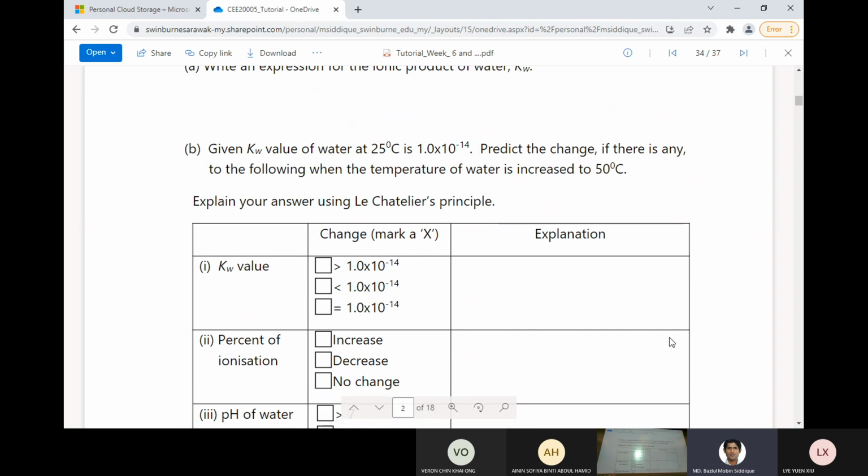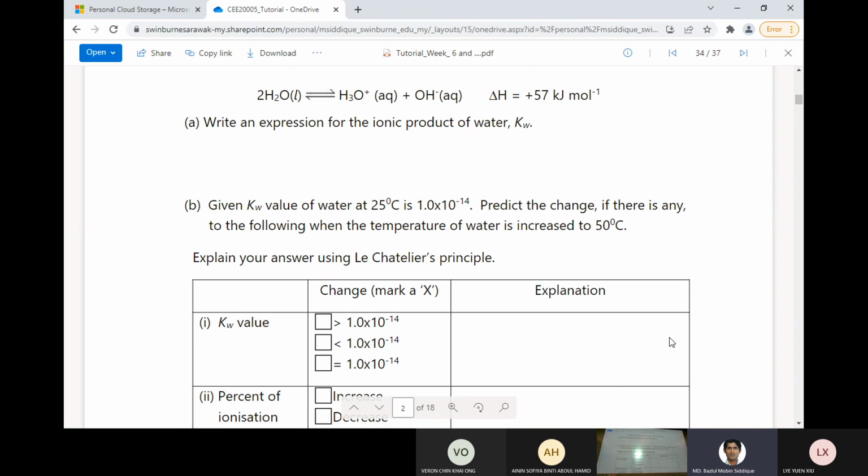Okay, so for Kw, Kw is the product of the ions that it produces, H3O plus times OH minus.